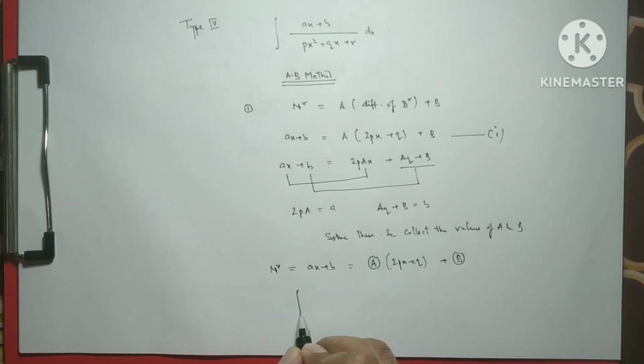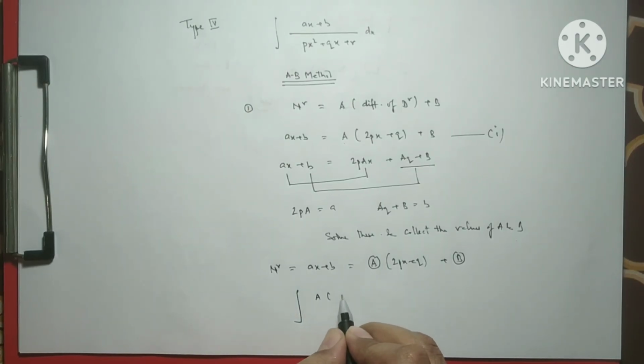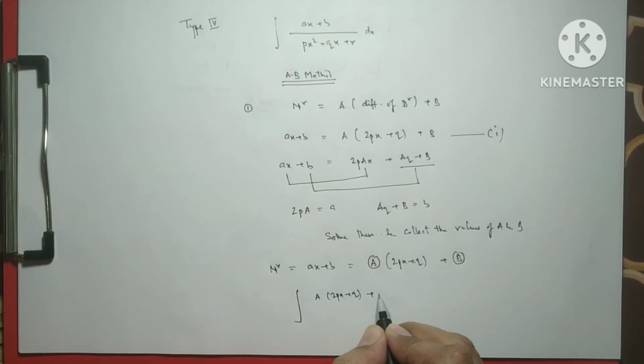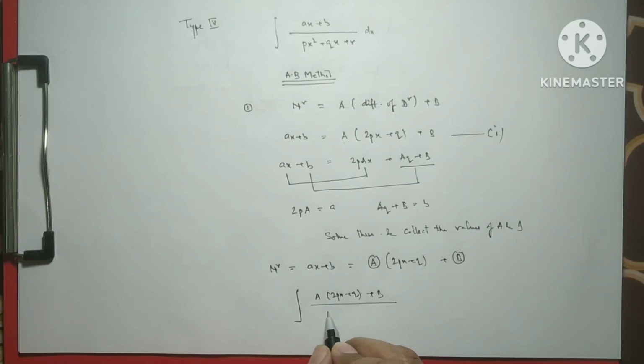Now the modified form of the numerator will be A times (2px plus q) plus B, and in the denominator we have the same px square plus qx plus r.